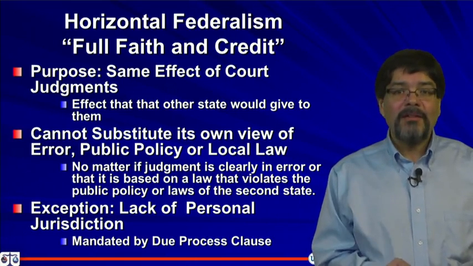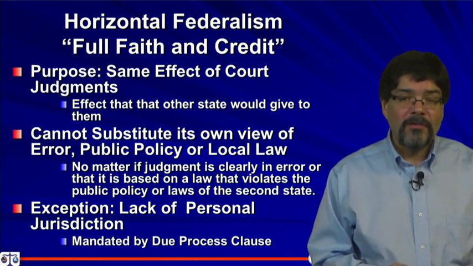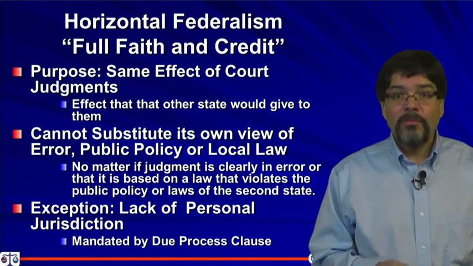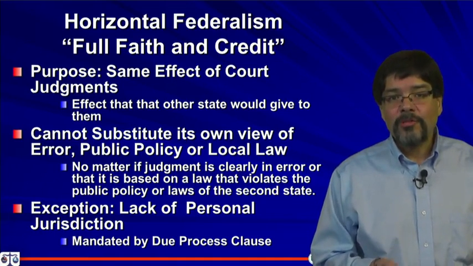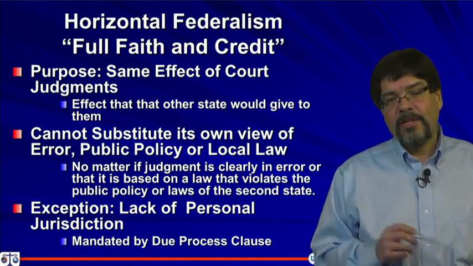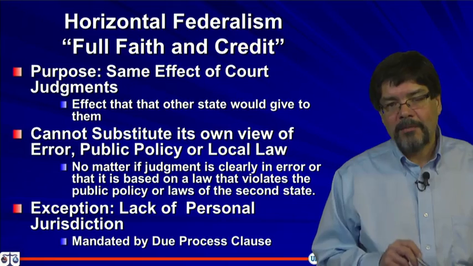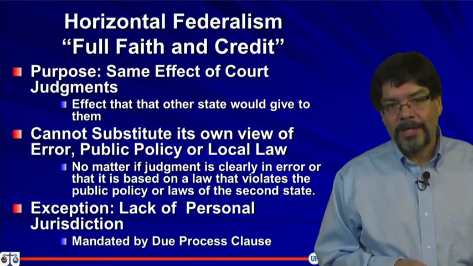And the reason for that is the due process clause of the Constitution of the United States, which entitles people in judicial processes to be judged by courts that do in fact have personal jurisdiction over them. And I will also discuss that in my series on the judicial structure of the United States.